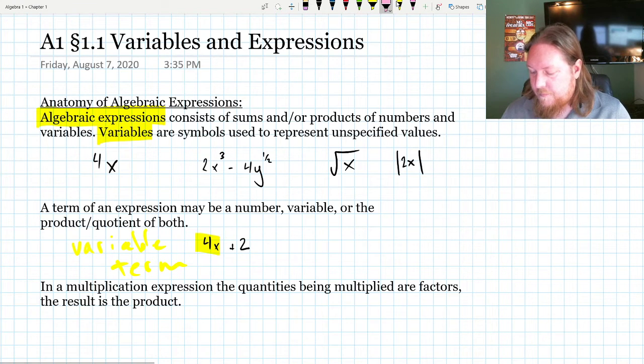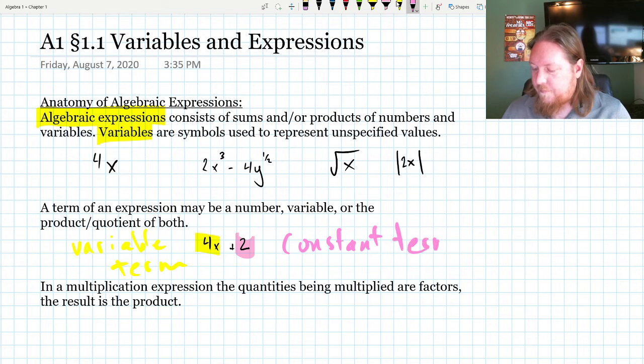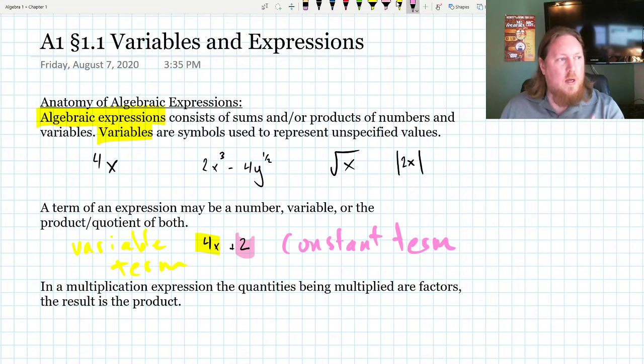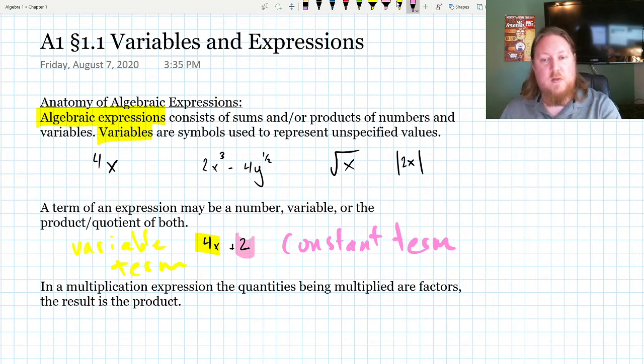The 2 we call a constant term. And the reason why we have those specific names is the variable term tells you there's a variable of some type in that portion of the expression. The constant term tells you it's just a number. It's not going to change at all. There's nothing in there that's going to change it. It's just a number.